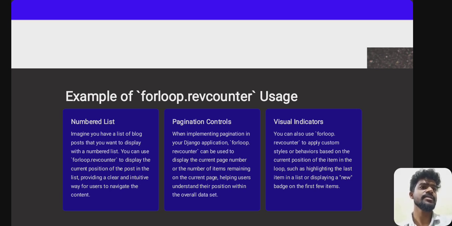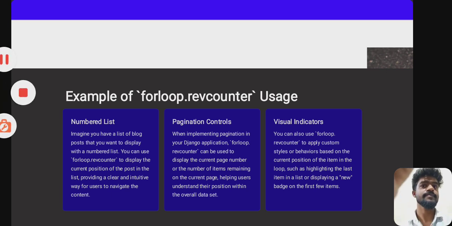Visual indicators. You can also use forloop.counter to apply custom styles or behaviors based on the current position of the item in the loop, such as highlighting the last item in a list or displaying a new badge on the first few items.